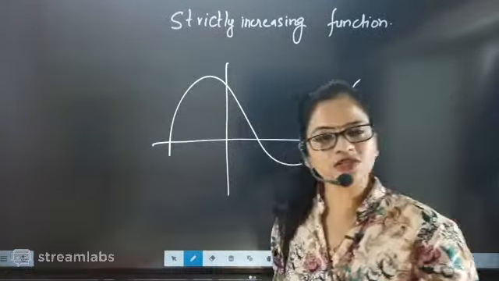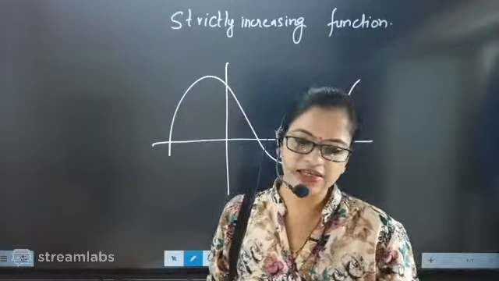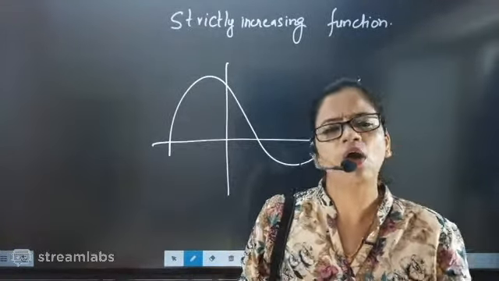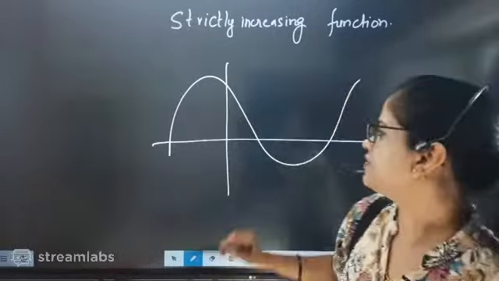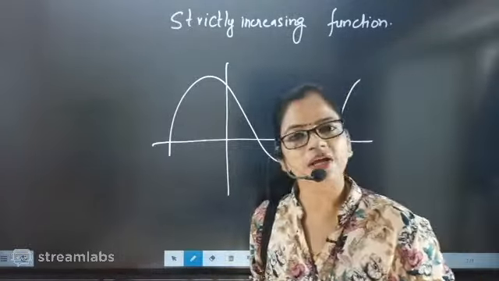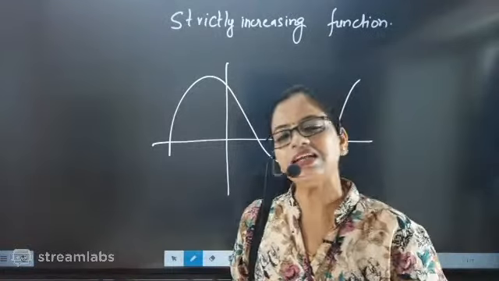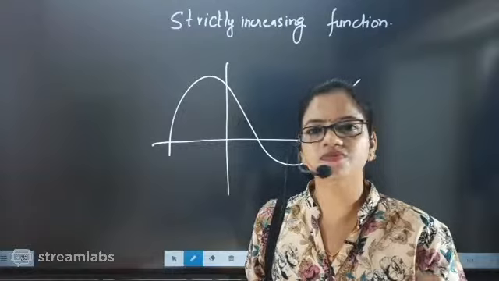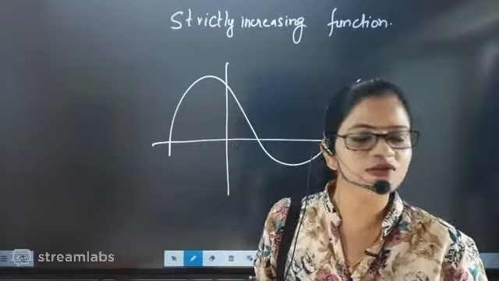Now in case of strictly increasing or decreasing function, can we say it is increasing only or decreasing only? When these types of curves come, we can neither say it is strictly increasing nor strictly decreasing; we will say it is neither increasing nor decreasing.